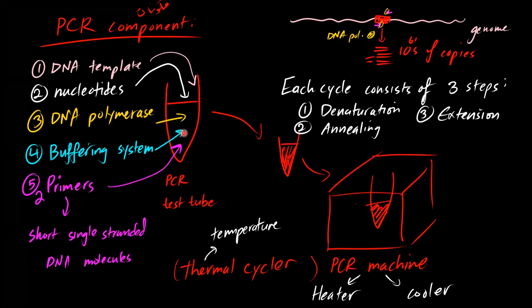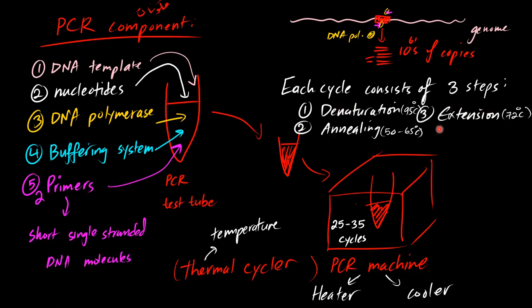Okay, so once we mix everything and put the tube inside the machine, we will have maybe between 25 to 35 cycles. Each cycle consists of 3 steps, and each step is done at a different temperature. Denaturation is typically done at 95, annealing between, let's say, 50 to 65 Celsius, and extension is typically done at 72.